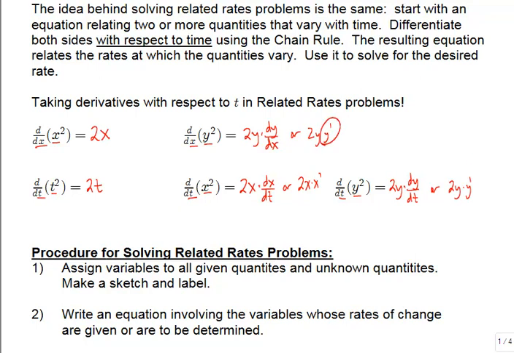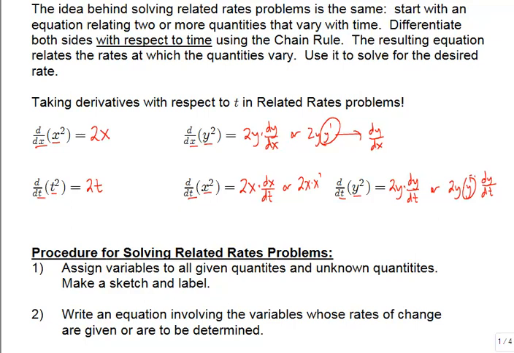But this y prime here represents dy with respect to x versus this y prime, which is dy with respect to t. So in related rates problems, it's always with respect to t. In implicit differentiation problems, it's always with respect to x.